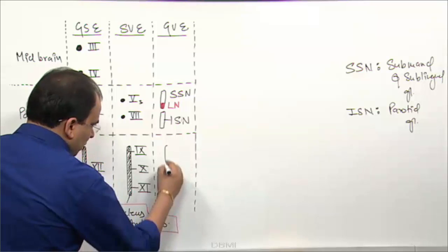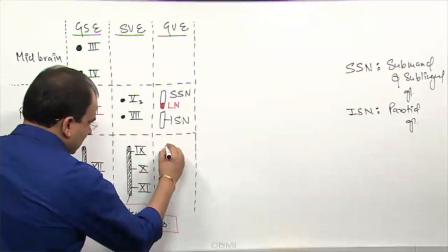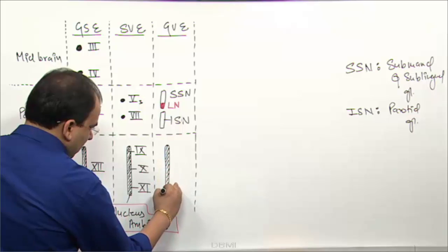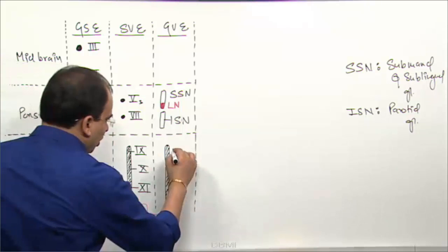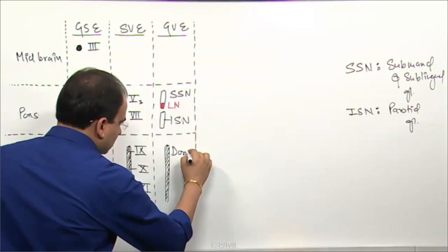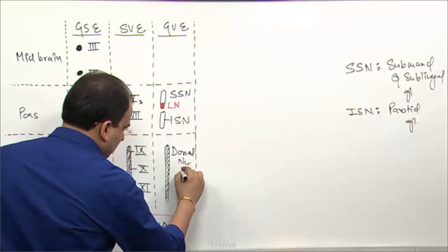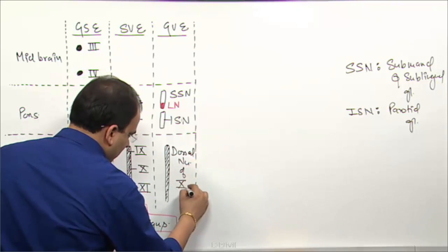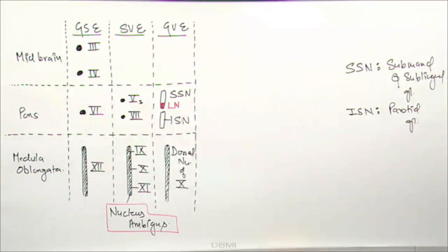There we have this nucleus, once again a huge nucleus present in the medulla oblongata, and this is called the dorsal nucleus of vagus.